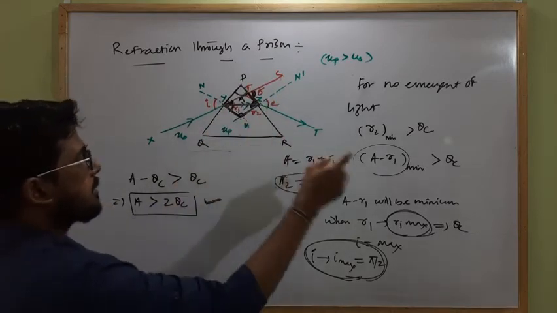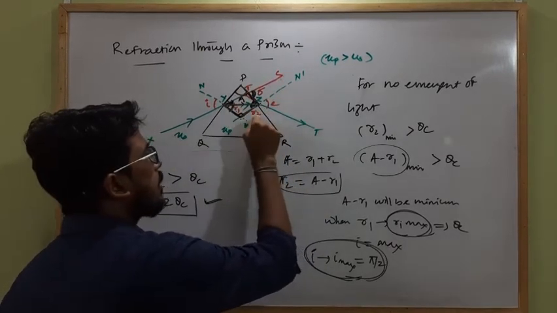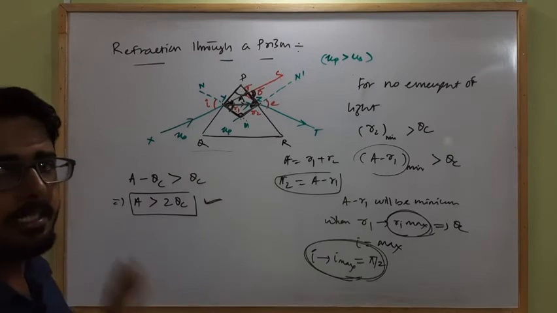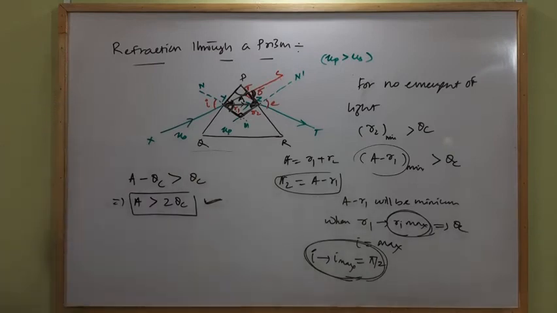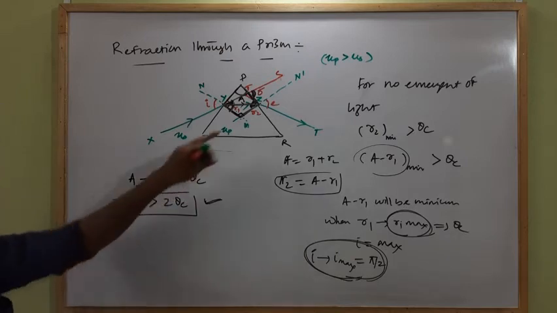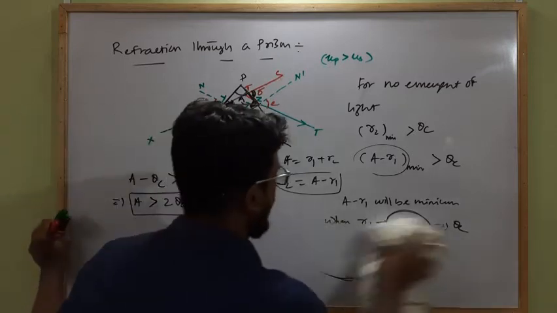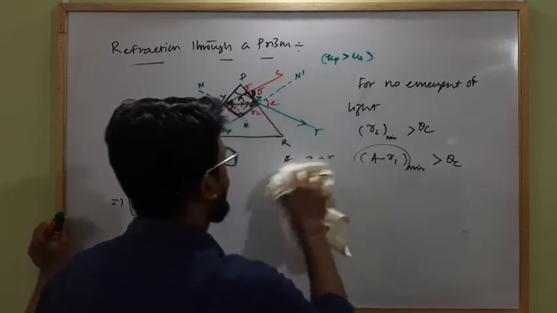So for the light ray to always remain outside, the maximum value of R2 must be less than theta C. So for always remaining outside, you have to remember this condition. When A is greater than 2 theta C, the light will always remain inside, there will be no emergence. And next, what will be the condition for which the light will always remain outside?